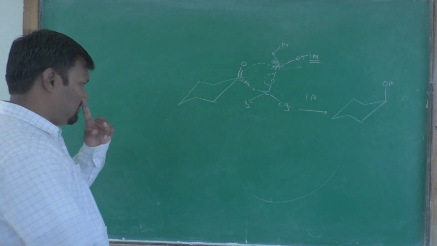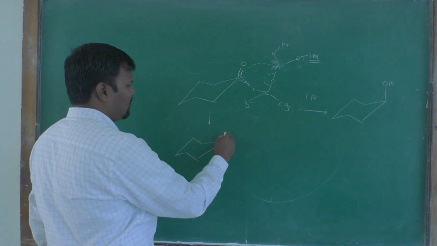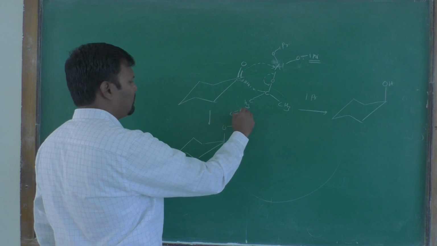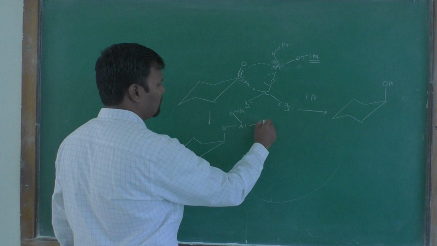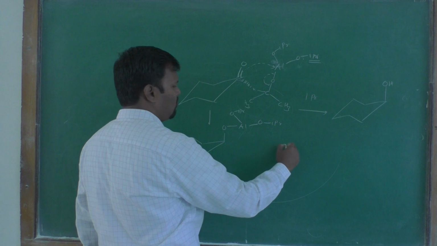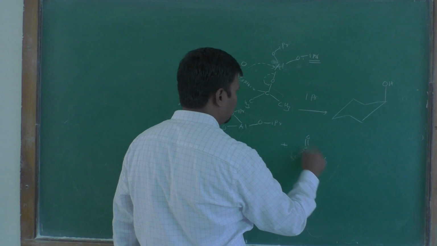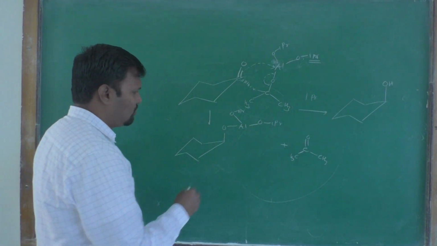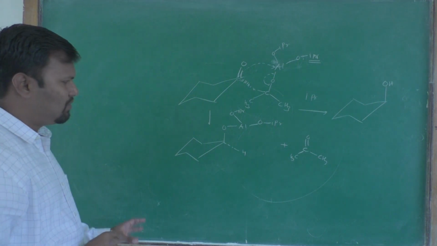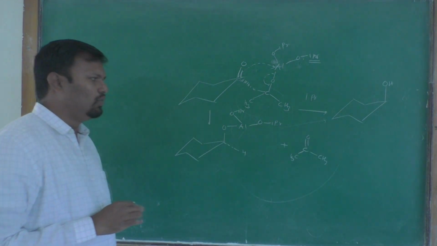After this mechanism you obtain acetone, and actually your hydrogen is transferred. Then after the desorption of this catalyst, you will obtain this axial OH group.